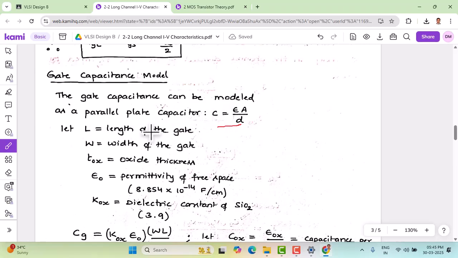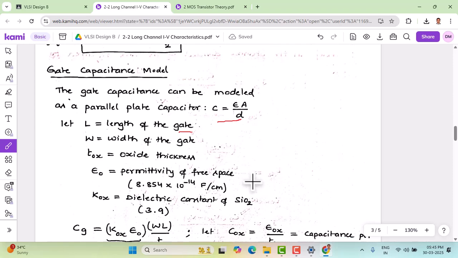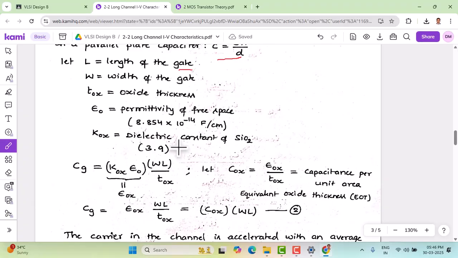Let L be the length of the gate, the distance between source and drain, and W the width of the gate. TOX is the thickness of the silicon dioxide. Epsilon naught is the permittivity of free space, 8.854 times 10 to the power of minus 14 farad per centimeter. KOX is the dielectric constant of silicon dioxide, whose value is 3.9.